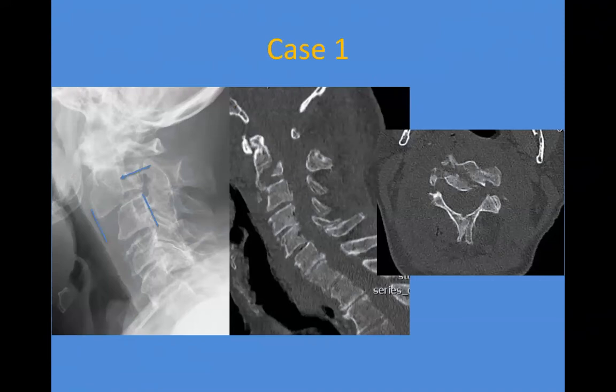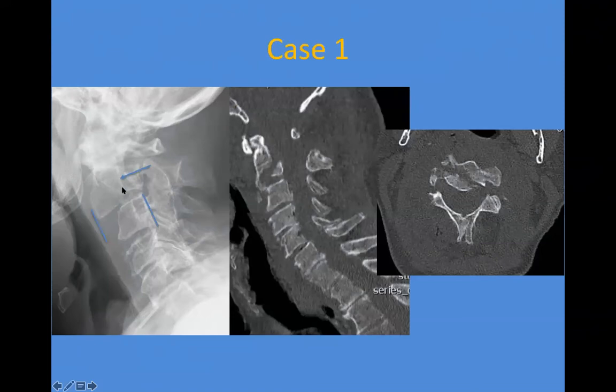So on the left here, we have this lateral radiograph. And what I'm showing with these blue lines is the posterior cortex of C3. And this is the anterior cortex of C2. And this is way forward of my anterior C3. And this posterior C2 cortex is way forward of my posterior C3 cortex.